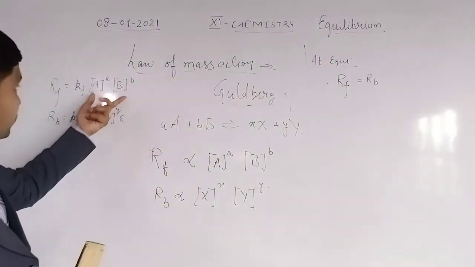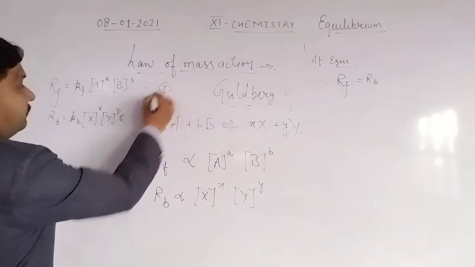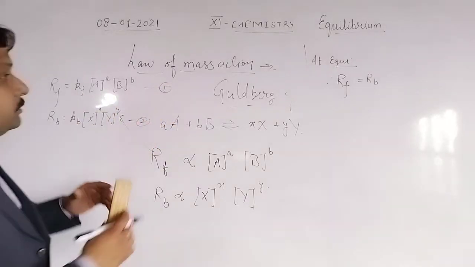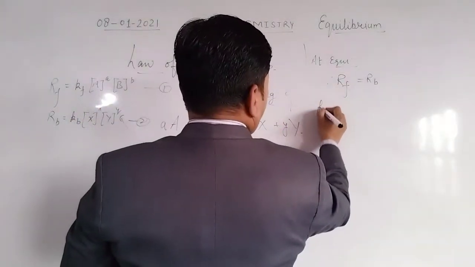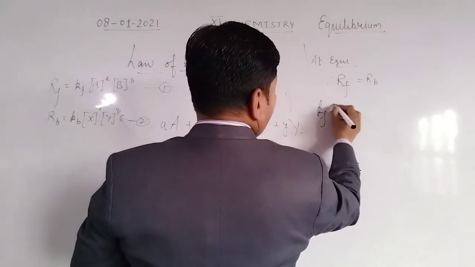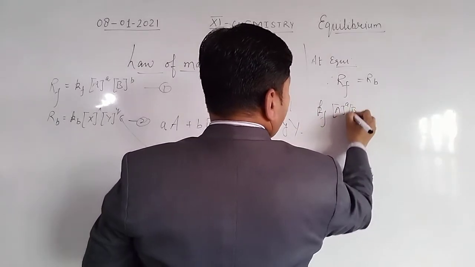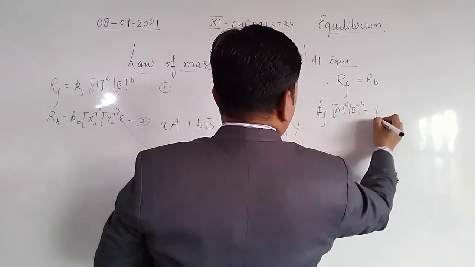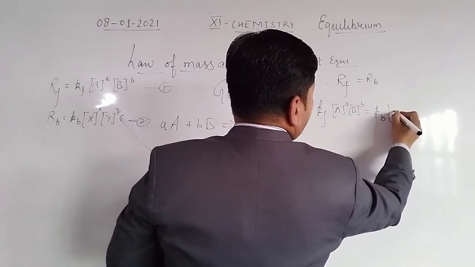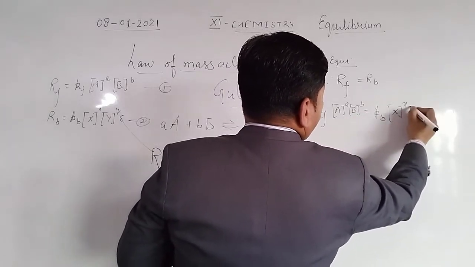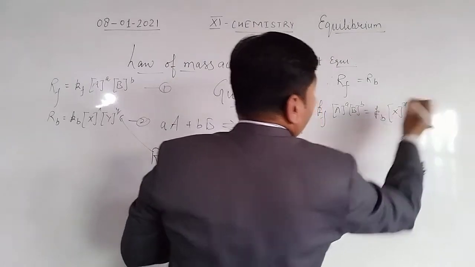So we write here these two. This is equation number 1, this is equation number 2. It means Kf [A] to the power a [B] to the power b is equal to Kb [X] to the power x and [Y] to the power y.